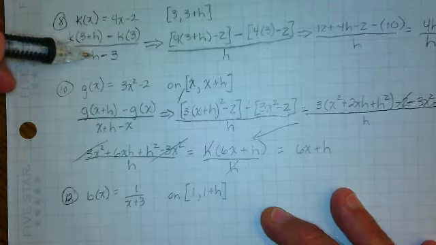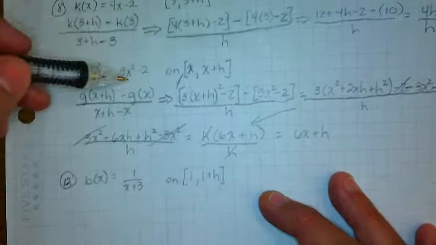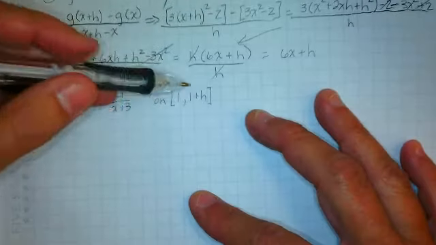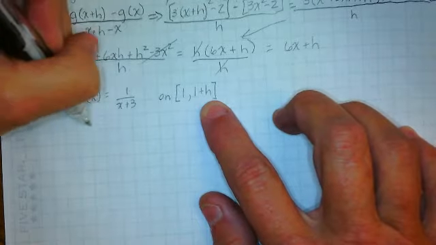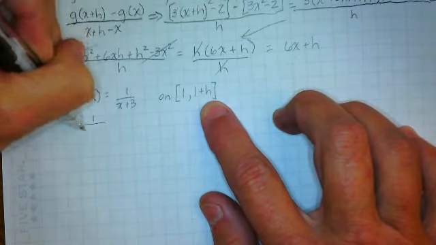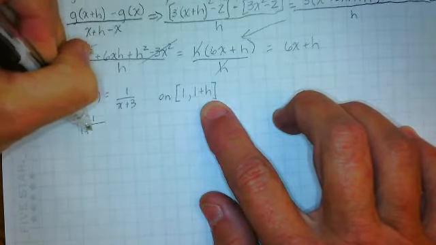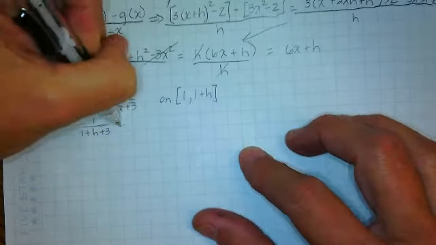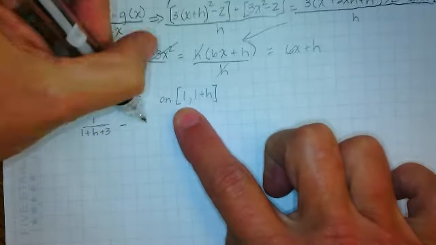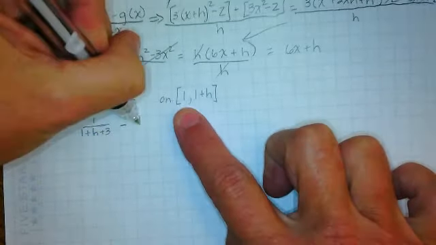Since you can see the pattern that we keep doing on these, each time we're going to take the function with the second input minus the function with the first input over second input minus first input. Well, let's just go ahead and substitute those values in right now. So my x in the first one is going to be 1 plus h.